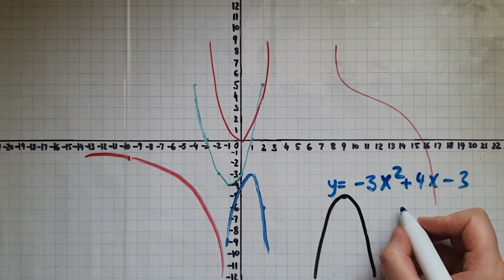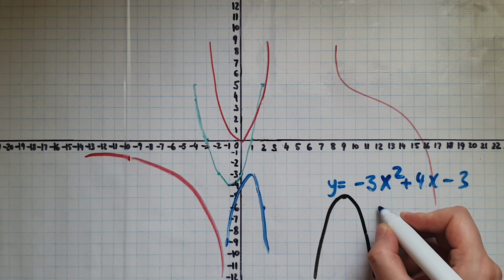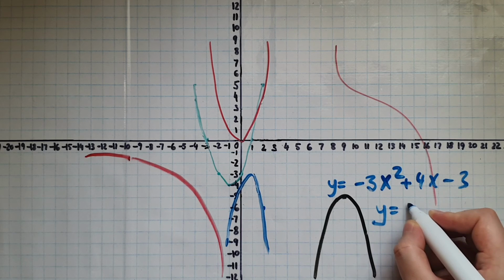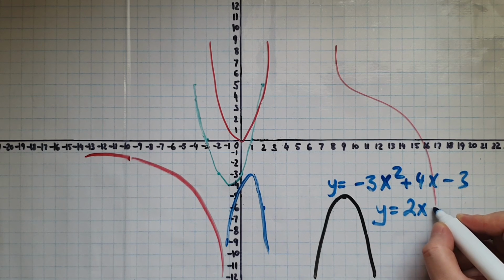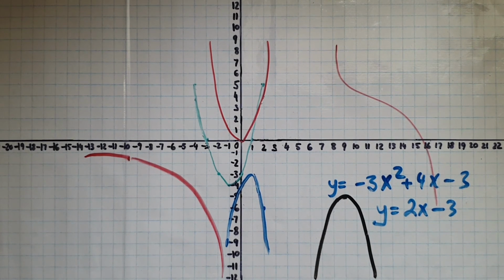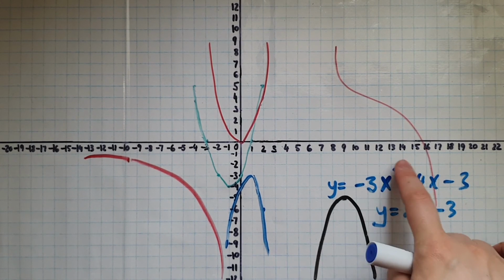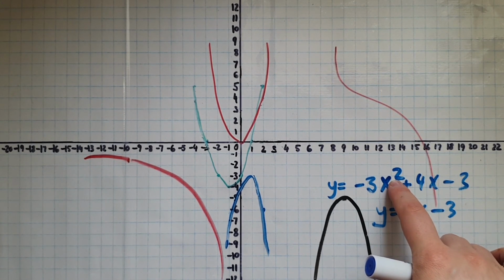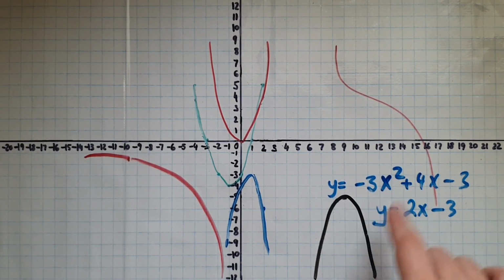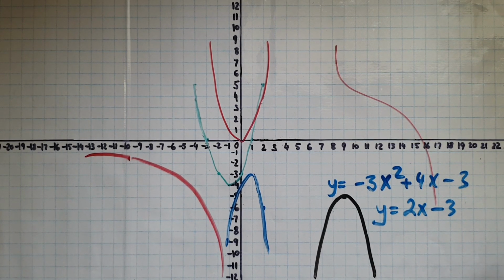But they're different from other functions like linear ones, for example, where you get something like this. The power is only 2. It can't be 3 or higher, because then we go into cubic functions and so on.